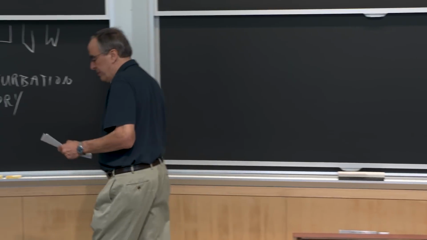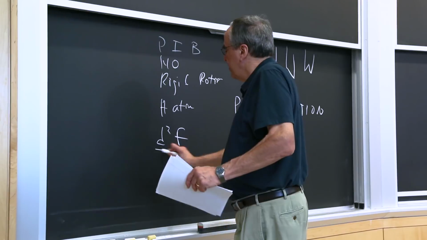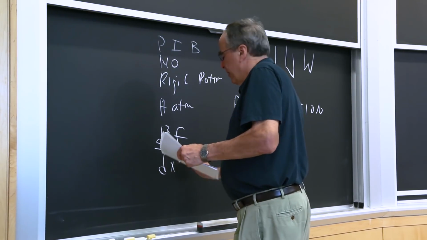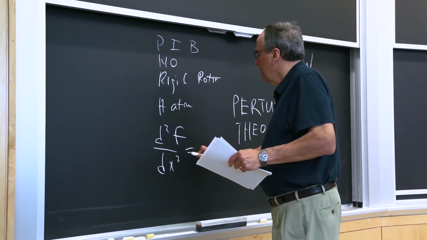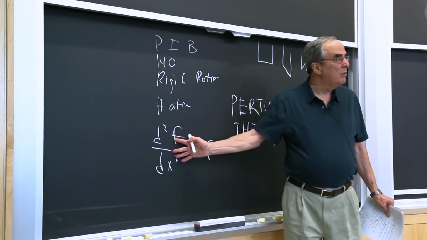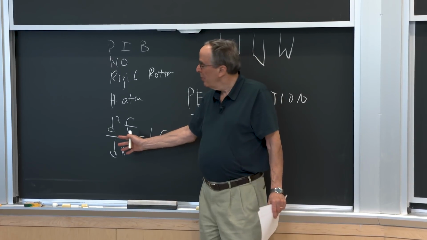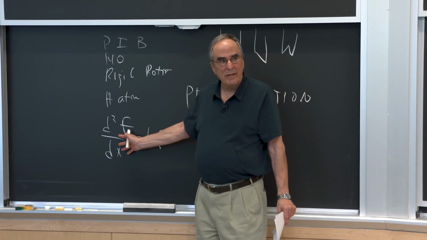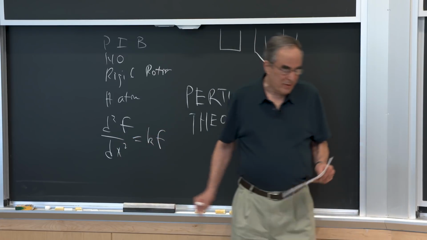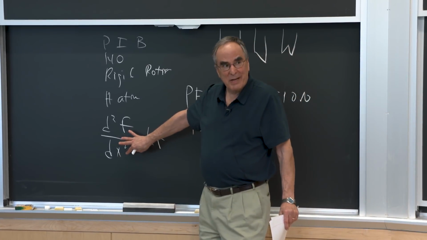One such differential equation is this: second derivative of some function with respect to a variable is equal to a constant times that function. Now that you know. You know sines and cosines are solutions to that, and you know that exponentials are solutions to that. Now that pretty much takes you through a lot of problems in quantum mechanics.